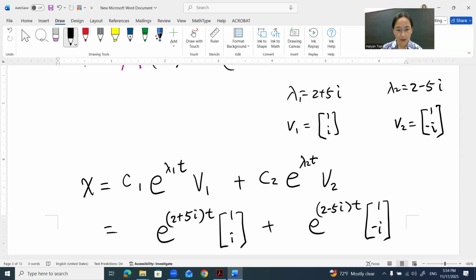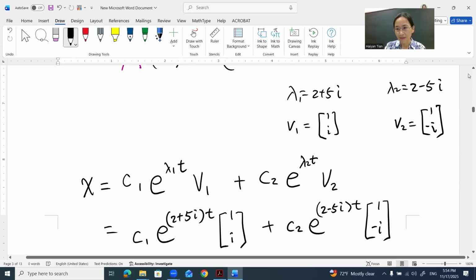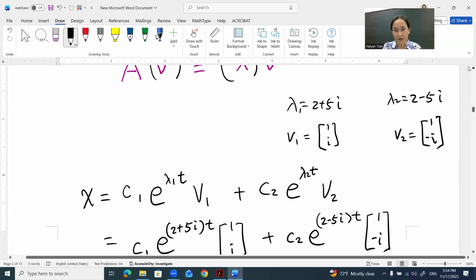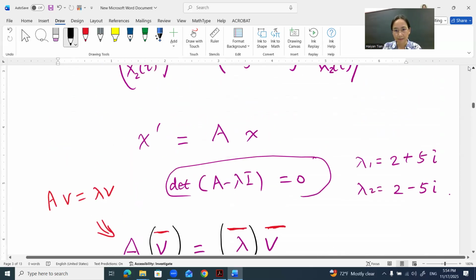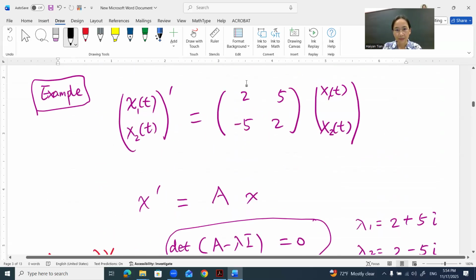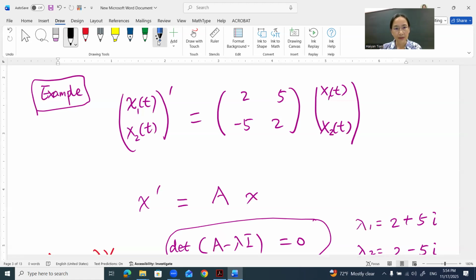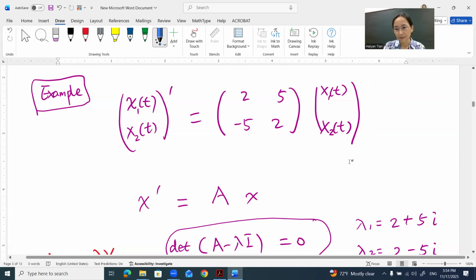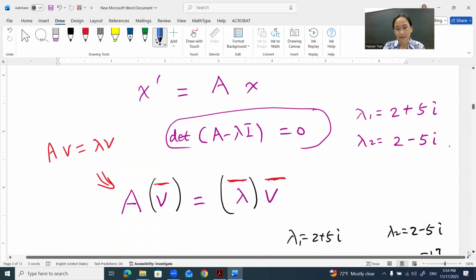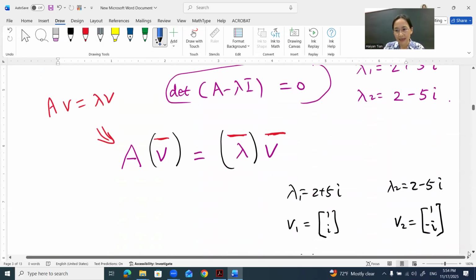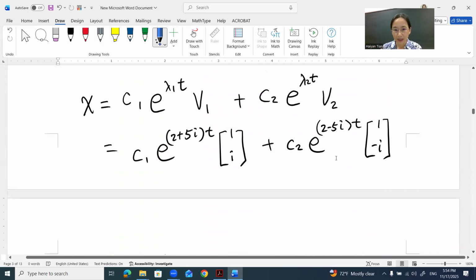This arbitrary combination gives a general solution to the homogeneous system with this coefficient matrix A. So we have the general solution, but it is complex valued. Our next task is, can we make it more friendly?